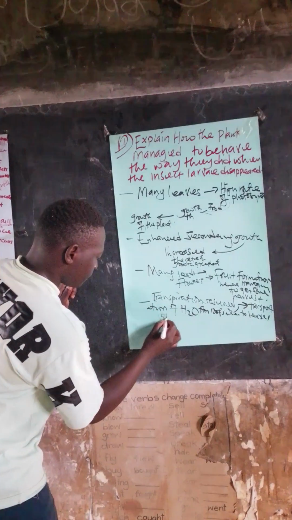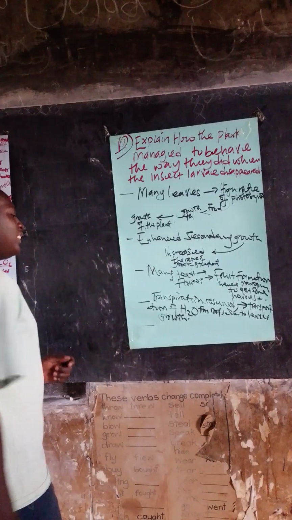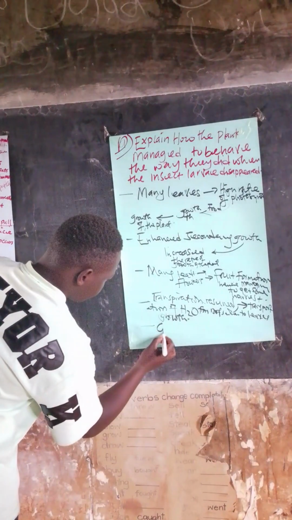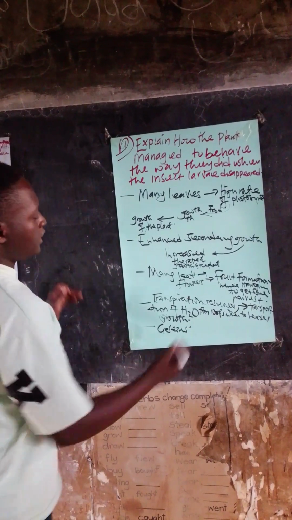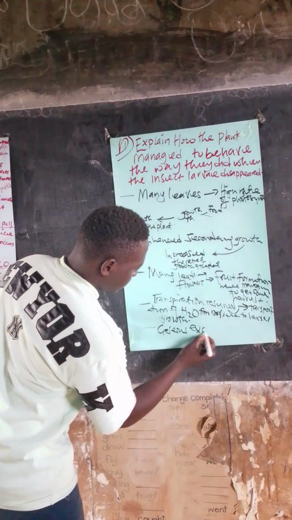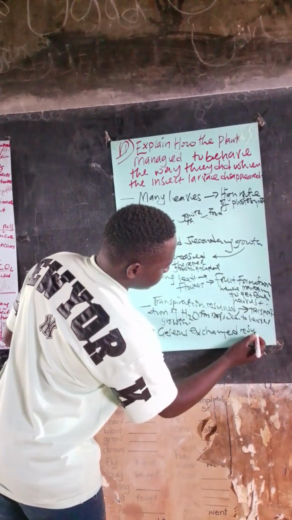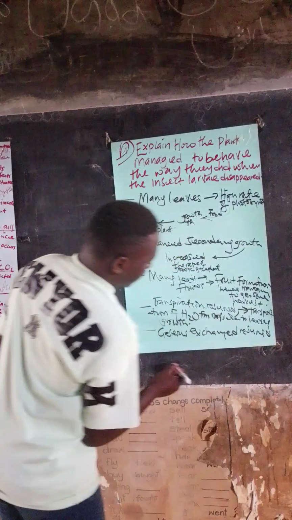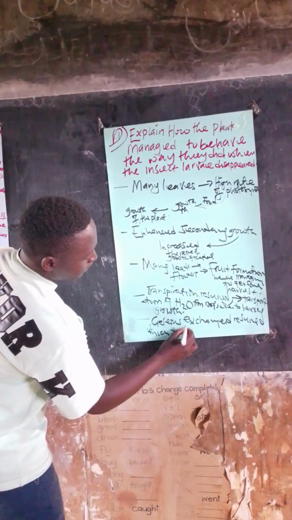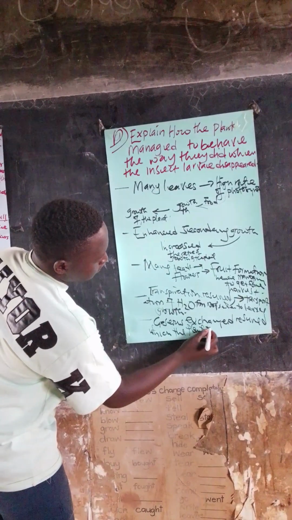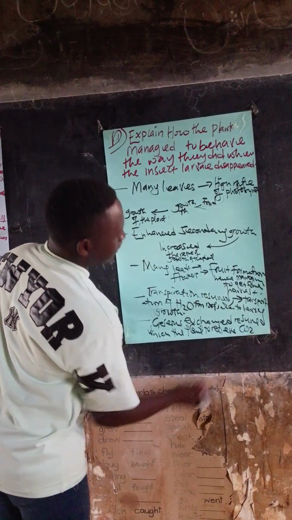Hence growth. Another thing, gaseous exchange resumed, which helped the plant to receive carbon dioxide for photosynthesis.